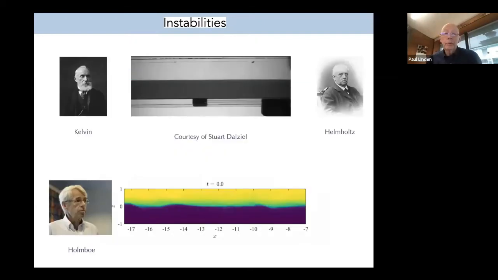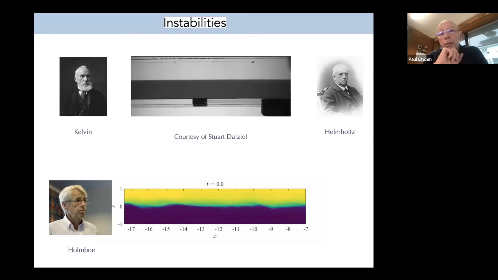Okay. So I'm going to show you, first of all, some sorts of instabilities that we see in these flows. The first is the well-known Kelvin-Helmholtz instability. I've got pictures of Kelvin and Helmholtz here. And this first upper panel will show a shear instability.